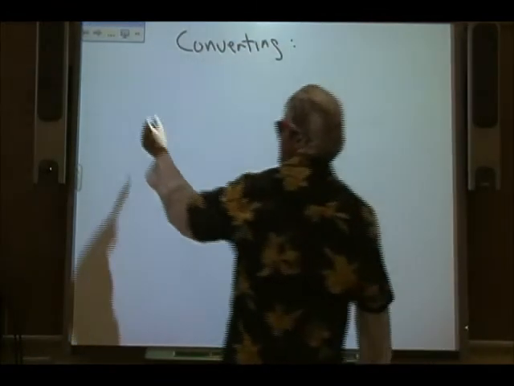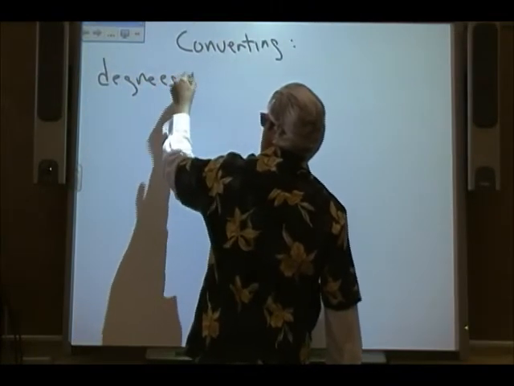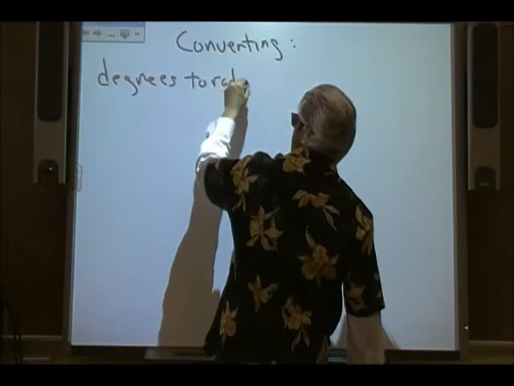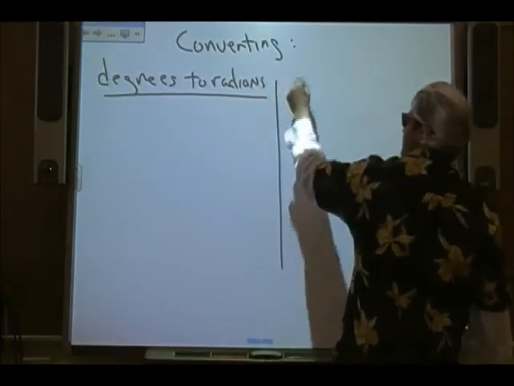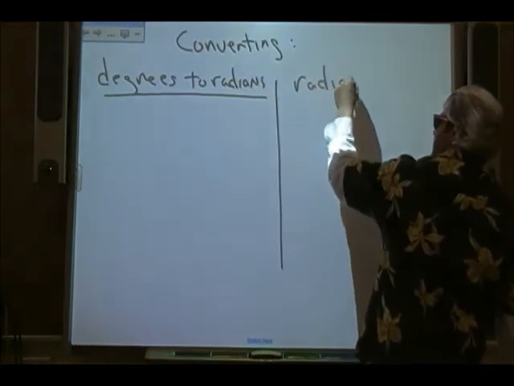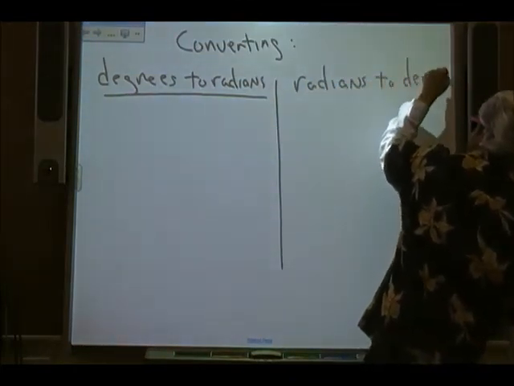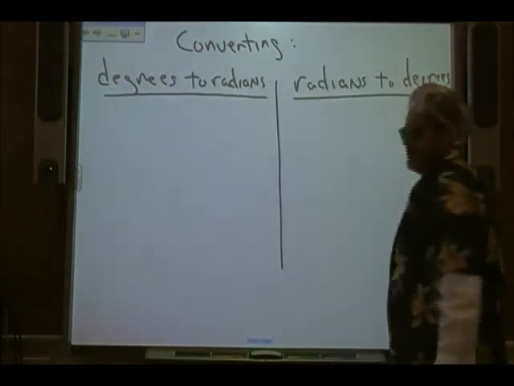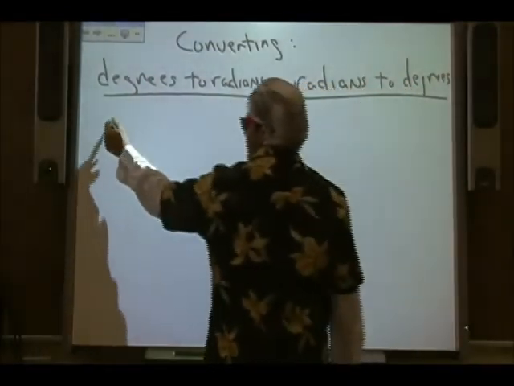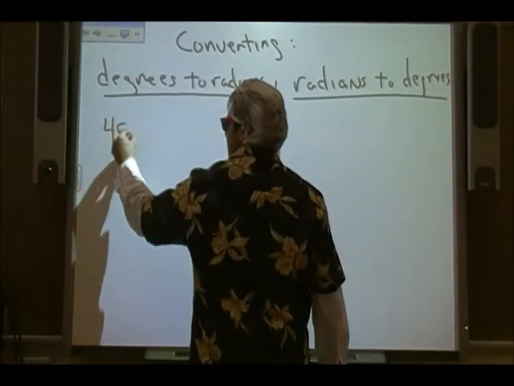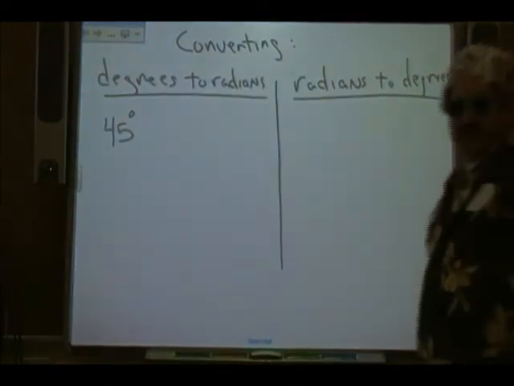We're going to convert from degrees to radians and radians to degrees. So, let me see if I give you 45 degrees, and I want to make it into radians.